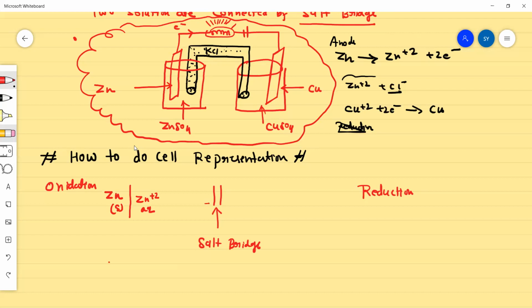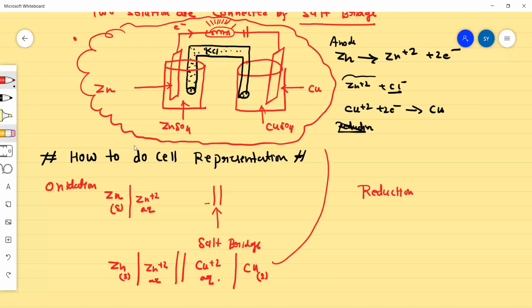So: Zn solid, single vertical line, Zn+2 aqueous, double vertical line, that is the salt bridge, and then you have copper solid on the right-hand side, and that copper solid is in contact with the copper ion Cu+2, also aqueous. So this is the cell representation for this particular cell.